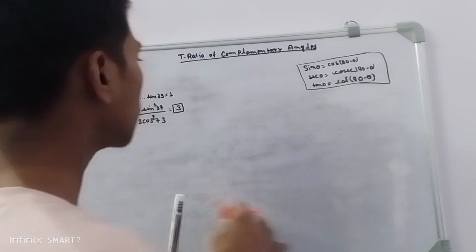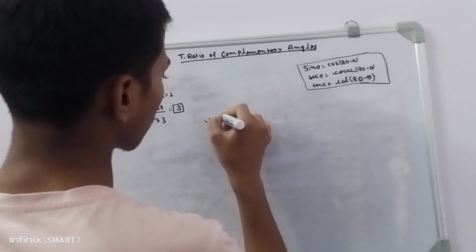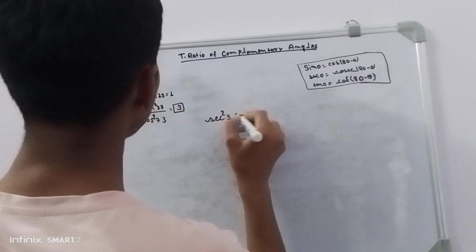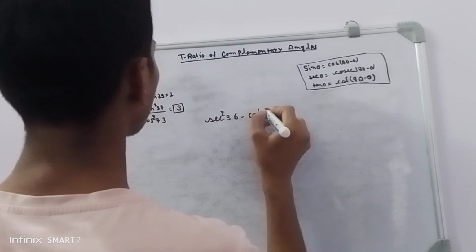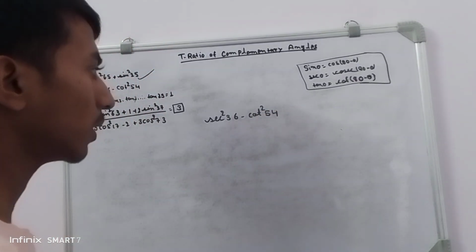This one is a very easy question. Now try another question, which is sec square of 36 minus cot square of 54. How will you solve this one?